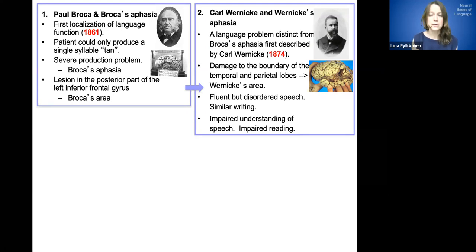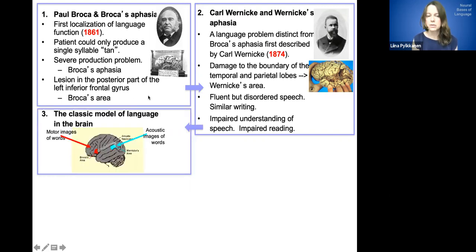He studied a set of patients who had very fluent but disordered speech and very severe comprehension deficits. That led to the hypothesis that Wernicke's area is associated with comprehension, with auditory representations of language. Okay, so that's your classic model.